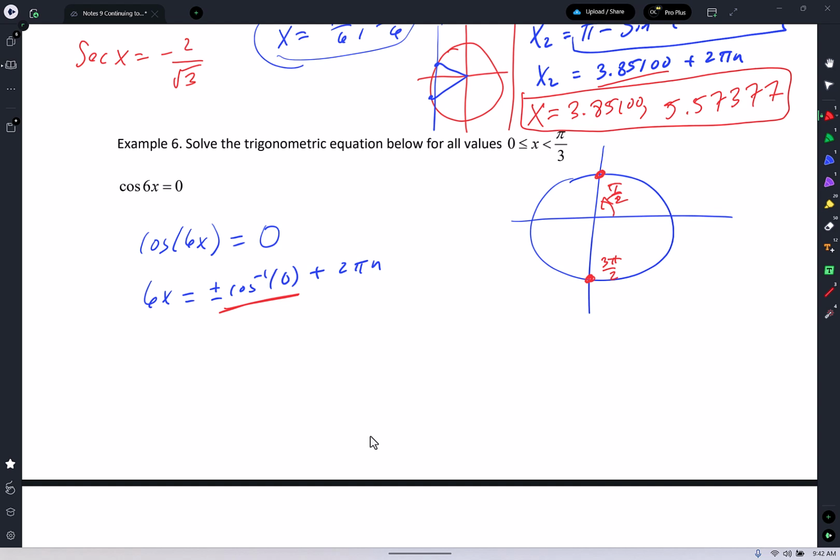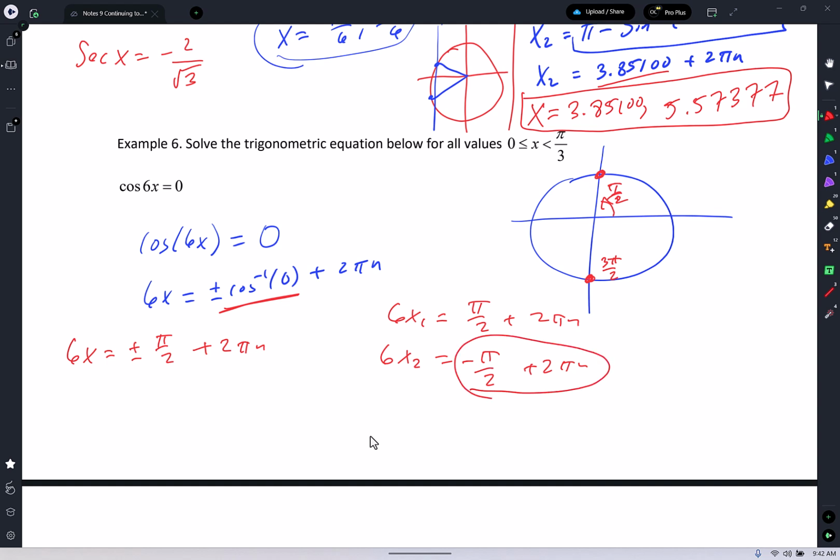You could have very easily just gone 6x, don't write this down, I'm going to give you time, because I don't want you to become a robot. You could have written this, and then you could have said, okay, one of the equations is the positive one, so don't write this down. Pi over 2 plus 2 pi n. Oh, and the other equation is the negative one. Negative pi over 2 plus 2 pi n. But look, don't write this down, just listen. Negative pi over 2 plus 2 pi would have given me 3 pi over 2.